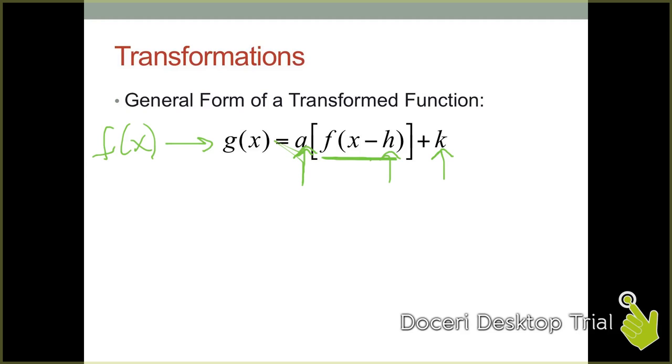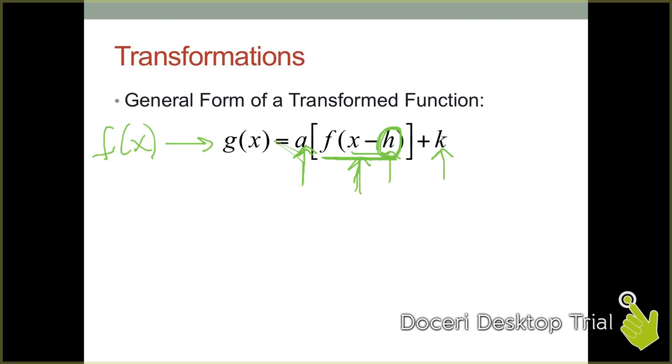So a is always something being multiplied out in front. The h right here is something that's being added or subtracted on the inside of the function itself. So it's usually right there with x, and it's before any squaring or square rooting or absolute value happens. It's inside of that type of function.